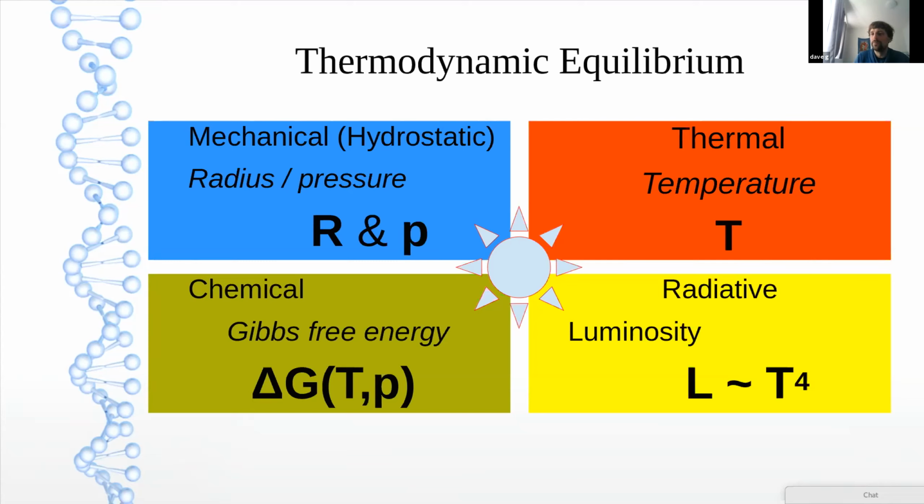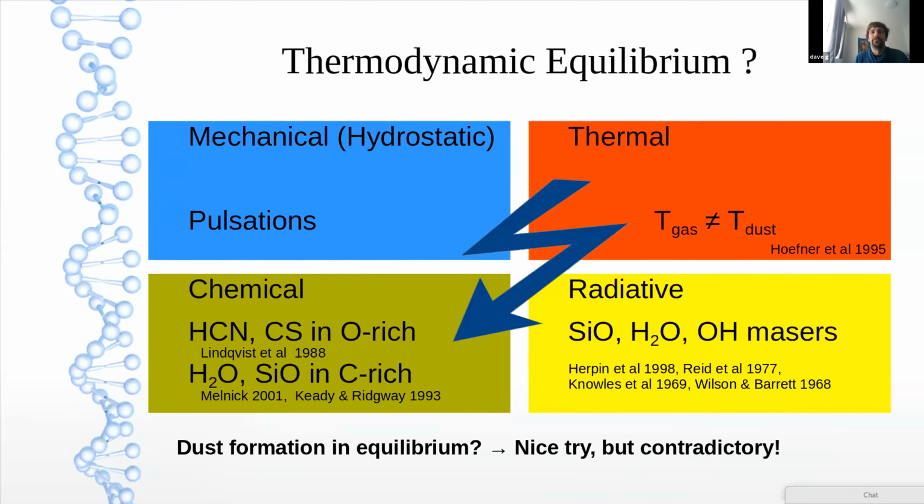As a last component, we have the radiative equilibrium, which says that the luminosity is given by the law of black body radiation, and that the temperature is also related to a maximum wavelength or frequency. Well, the question is whether thermodynamic equilibrium is valid in AGB atmospheres. Obviously that is not the case.